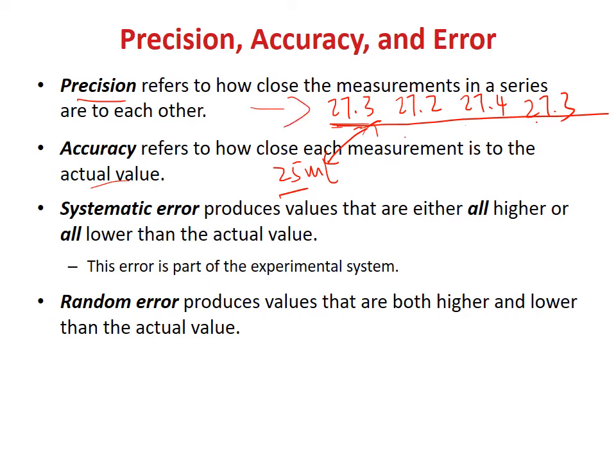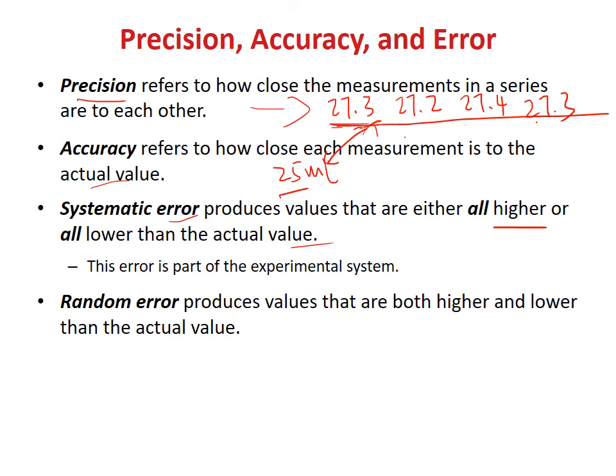Okay. Now there are two types of errors. Systematic error is usually due to the instrument. If the instrument is not calibrated well, it doesn't perform well. So every time you measure, it gives you an error that is always higher than the actual value, or sometimes every time it gives you a lower value.